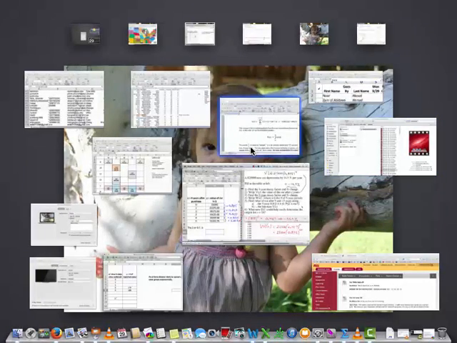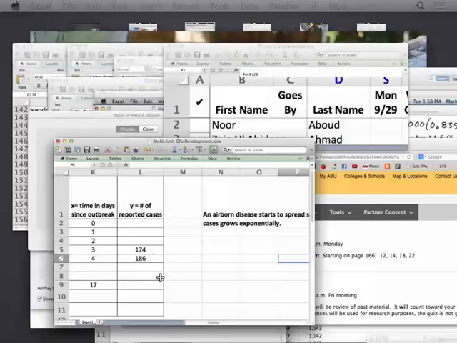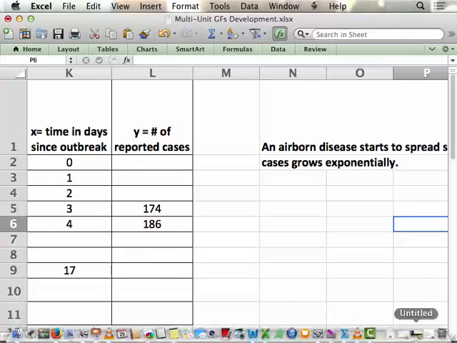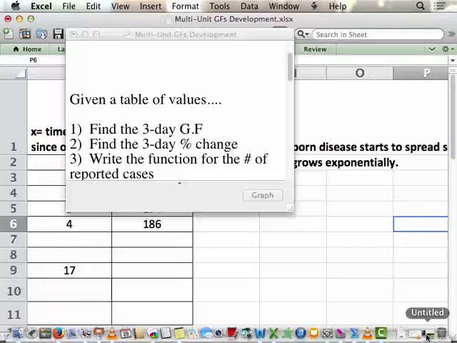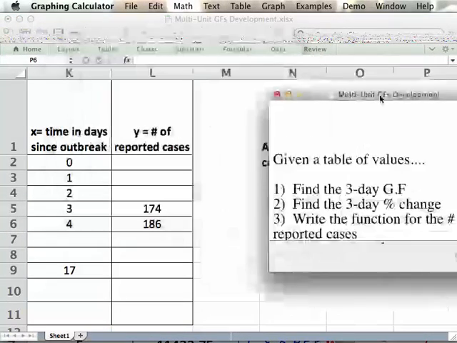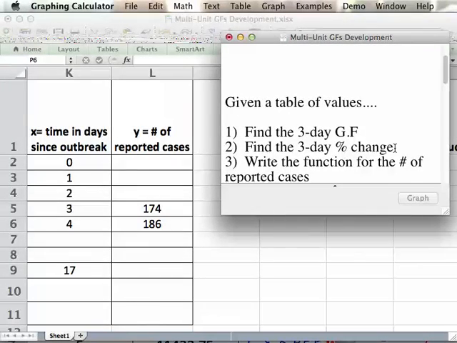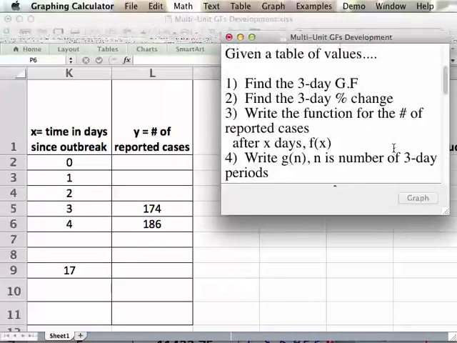So I have some questions for you here. Okay, so before you find the 3-day growth factor, what are you going to find first?